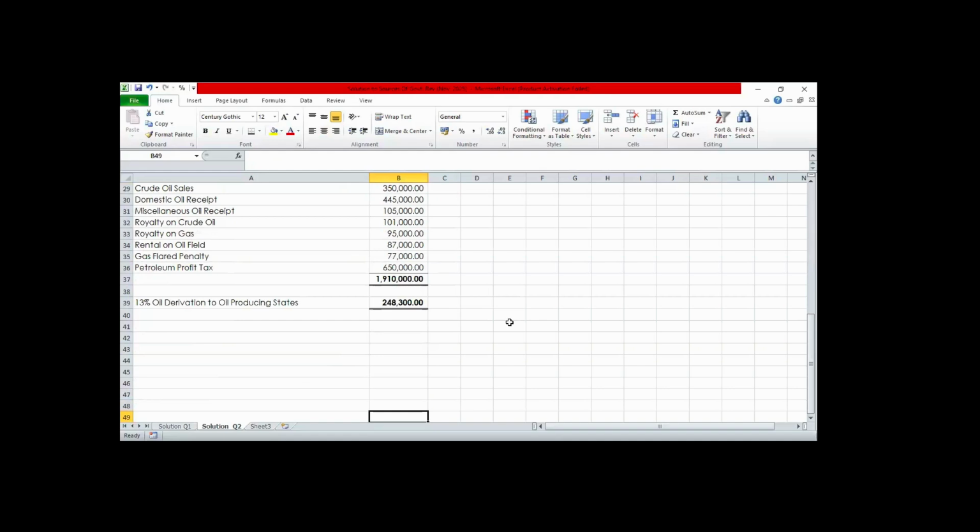Okay. Then what does the next question say we should do? The C part. Calculate the amount to be credited to the Consolidated Revenue Fund of the Federal Government. Now we are meant to prepare the consolidated revenue of the federal government.